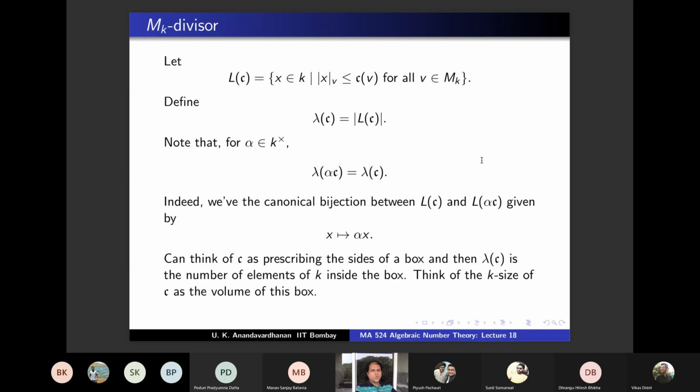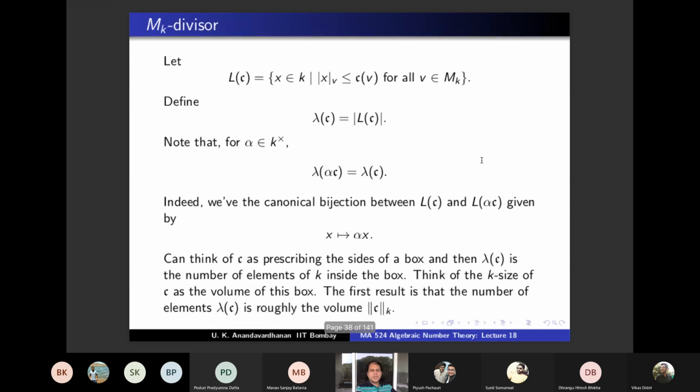Properly phrased, this kind of thing will come up in various contexts, and that's what's coming here also. We are going to precisely state that. So the first result is that the number of elements lambda C is roughly the volume, where volume we have defined like this. This is what we should prove.